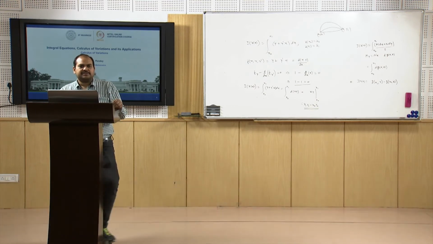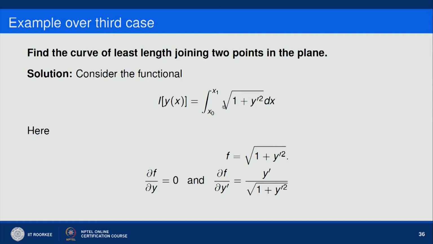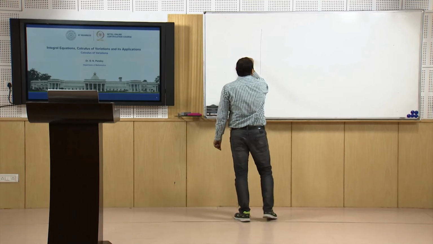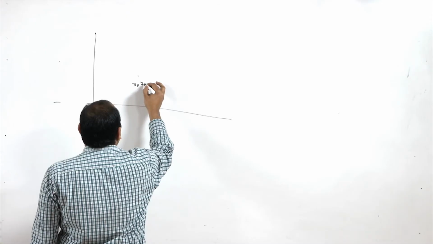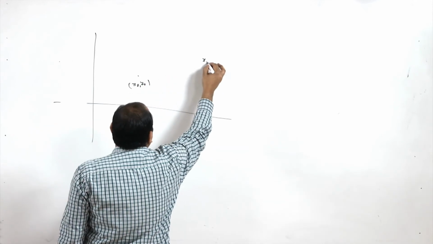The example is basically finding the curve of least length joining 2 points in a plane. So we have the xy plane, and we want to find the curve of minimum length. So the problem is this: we have 2 points, say x0 y0, and one more point x1 y1.